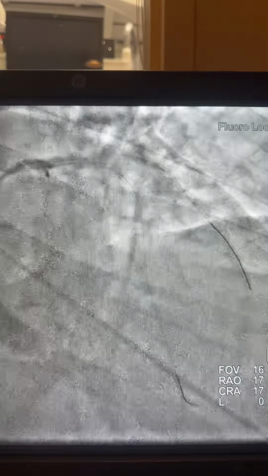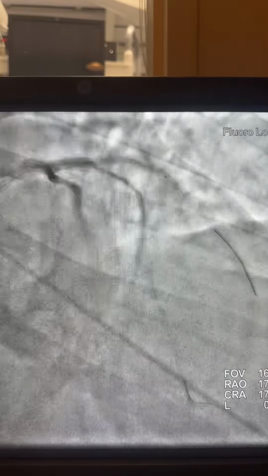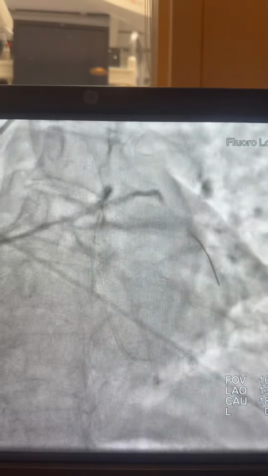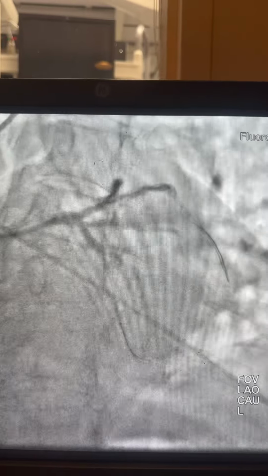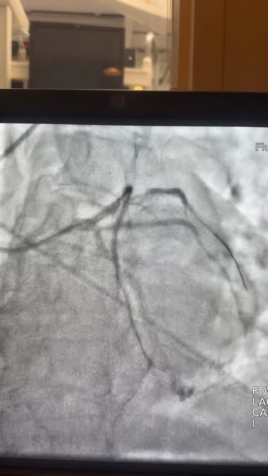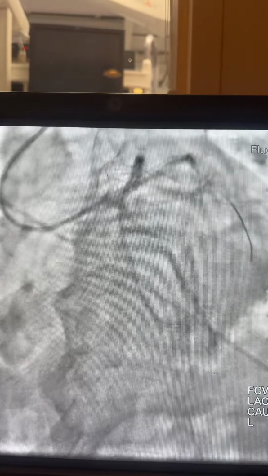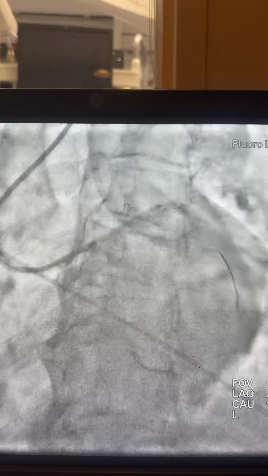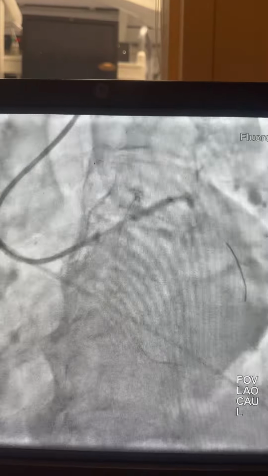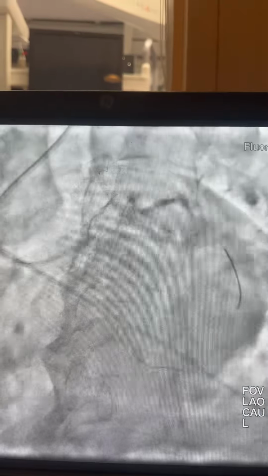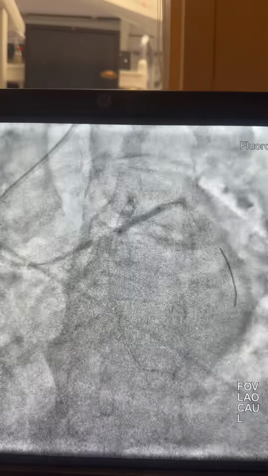So here is the first stent for the diagonal, 2.0, and then pull back and inflate also at high pressure, and then I'm going to move toward the spider view to see where we're going to place the stent, and here is measuring the length, and then a 2.5 stent in the diagonal at high pressure, and then using the same balloon to post dilate and then flare the ostia.